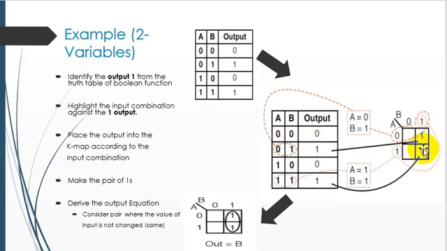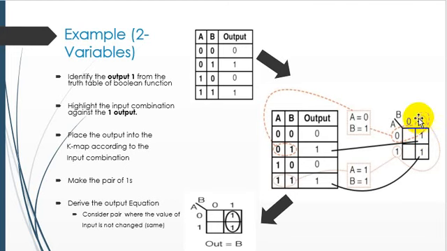The second method, if you do not remember where the min terms are in the K-map, is to just see the combination of the input. For this one, the combination is A is 0 and B is 1, so you just identify where A is 0 and B is 1. You can see that A is 0 for this whole row and B is 1 for this whole column. So where these two intersect, at that point you will place your 1.